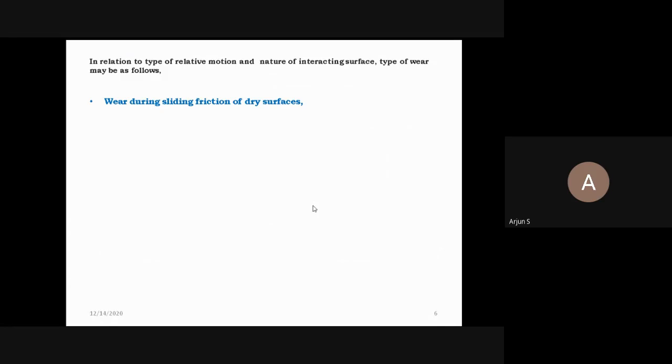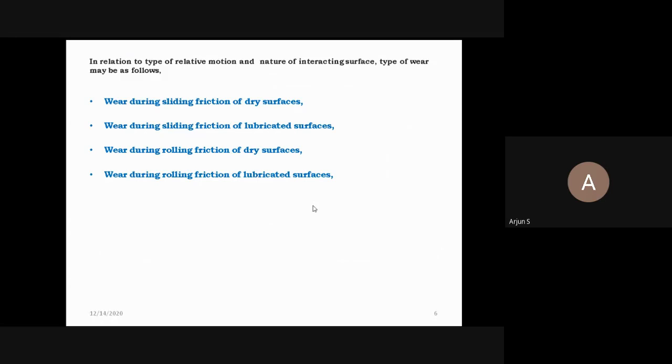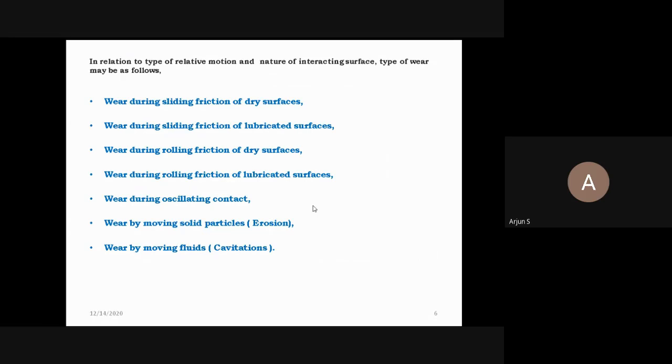If you go to the first relation, relative motion and nature of interacting surfaces, there are different types of wear: wear during sliding friction of dry surfaces, wear during sliding friction of lubricated surfaces, wear during rolling friction of dry surfaces, wear during rolling friction of lubricated surfaces, wear during oscillating contact, and wear by moving solid particles, which is erosion, and wear by moving fluids, which is because of cavitation.